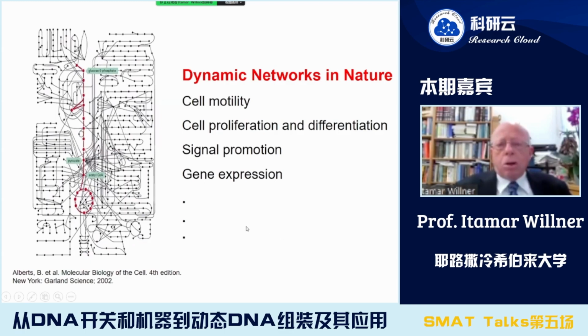They perform quite complex processes such as cell motility, cell proliferation and differentiation, signal promotion, gene expression, and so on. And all these processes are based on complex networks that intercommunicate one with another.